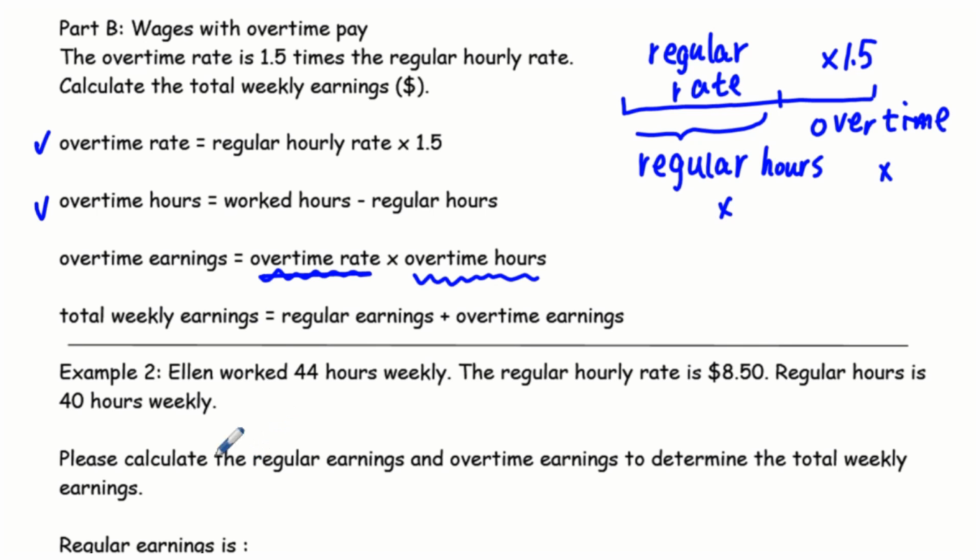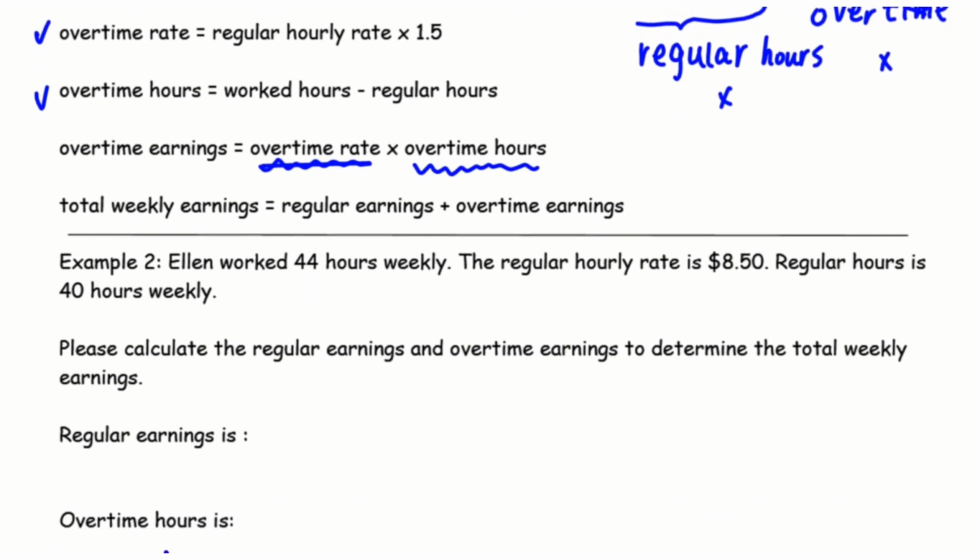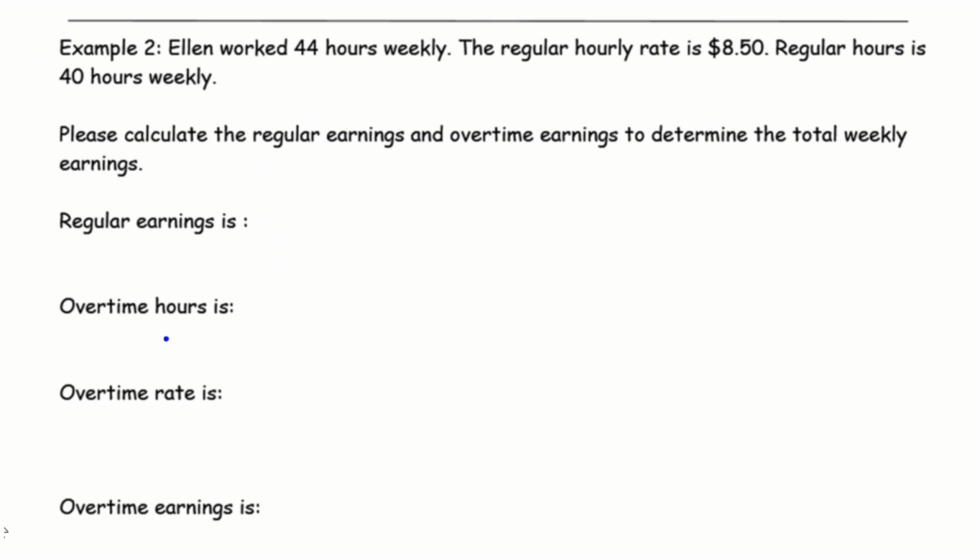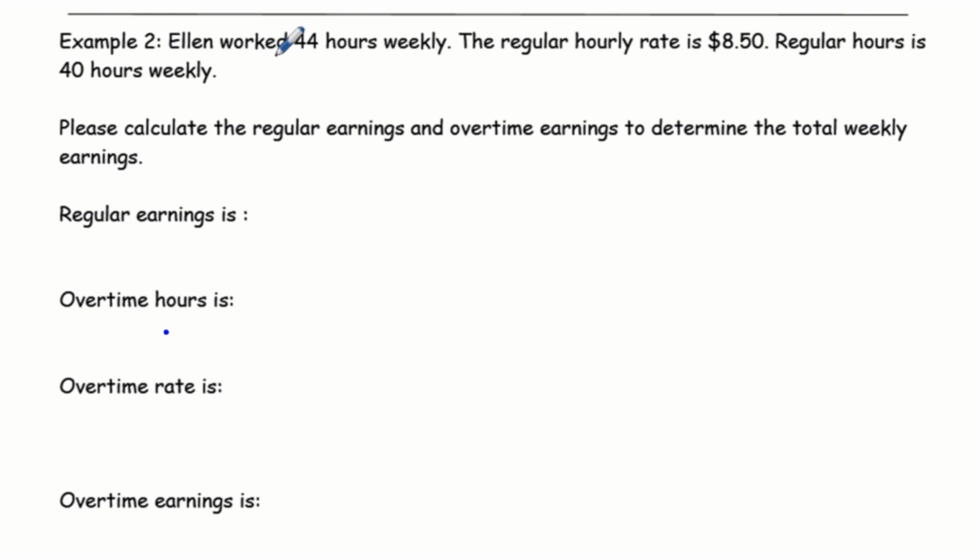So let's see how we are going to apply this calculation to do overtime pay. So example 2, Alan worked 44 hours weekly. The regular hour rate is $8.50.